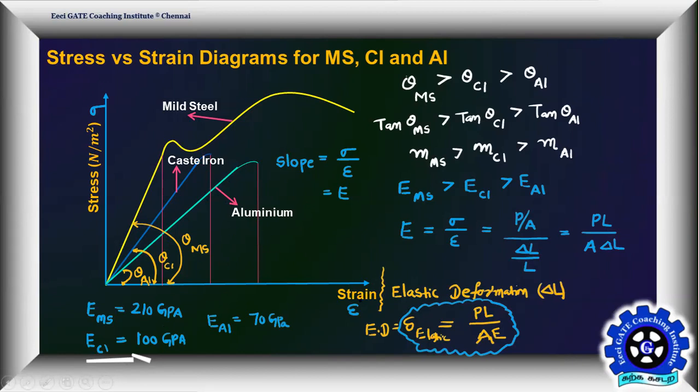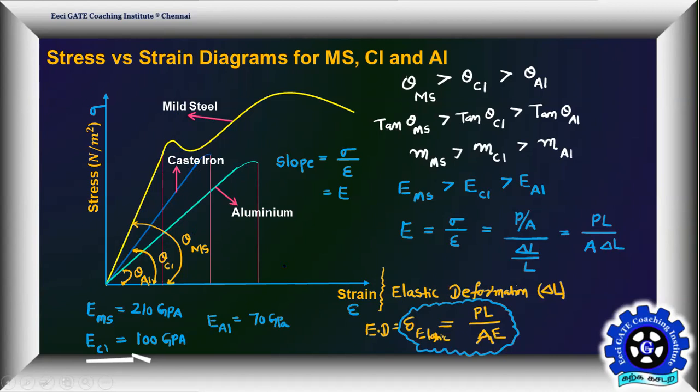Strain in the sense is elastic deformation by original length. So if mild steel, cast iron, and aluminium all have the same original length, in that case aluminium has more elastic deformation compared to cast iron, and cast iron has more elastic deformation than mild steel. Here, deformation means elastic deformation, elastoplastic deformation, and plastic deformation.